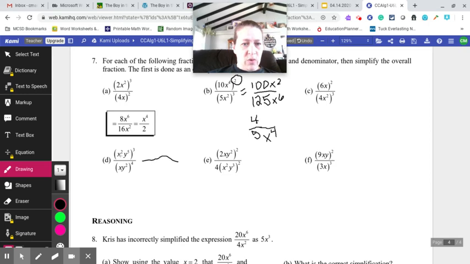Okay, 2 times 3 is 6, so x to the 6. And for y, 5 times 3, which is 15. Okay, now the 4 is going to multiply these ones. 1 times 4 is 4, so x to the 4th. And then 2 times 4 is 8.